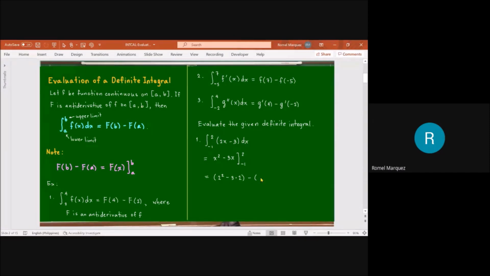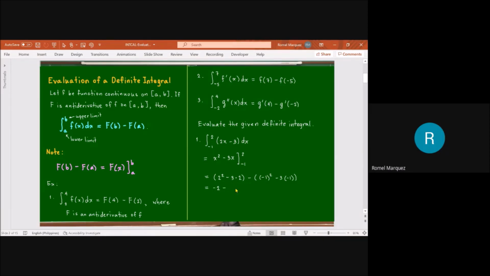So we get (negative 1) squared, then minus 3 times negative 1. And then simplify. So 4 minus 6, that is negative 2.